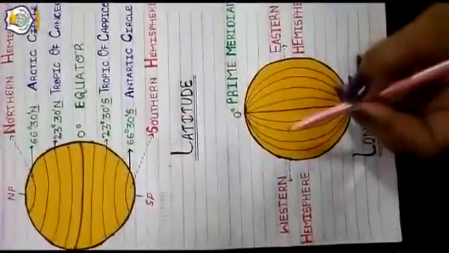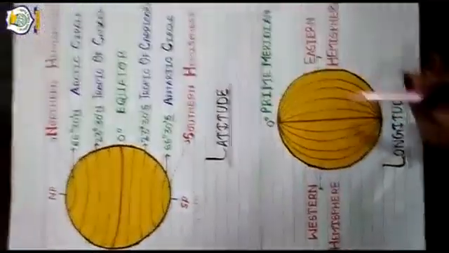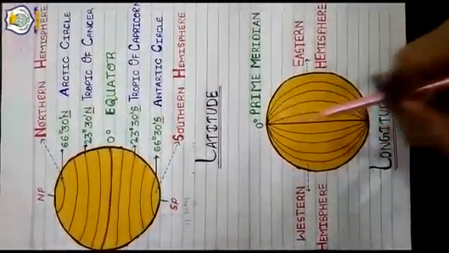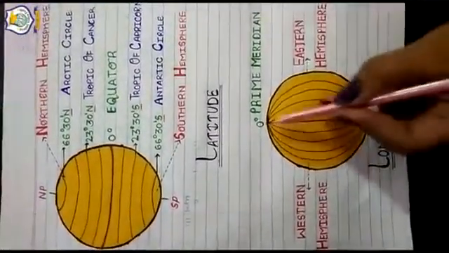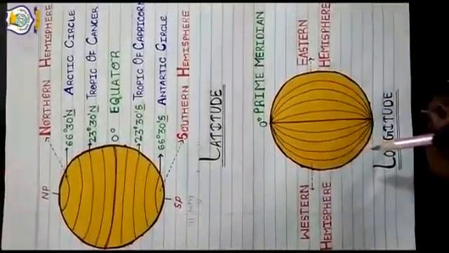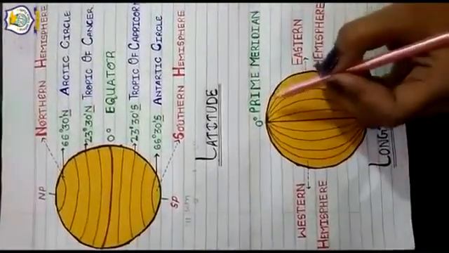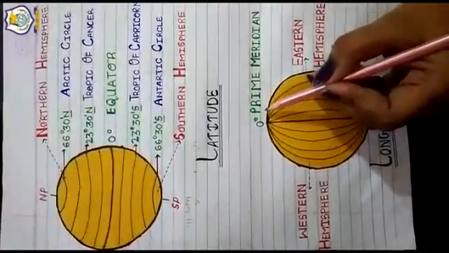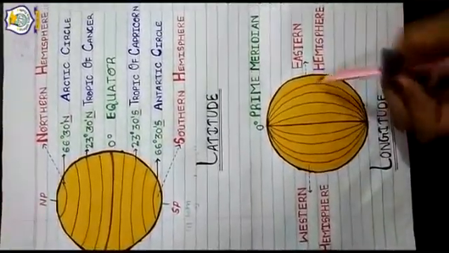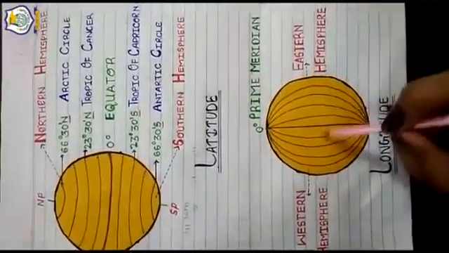Now I will explain through the diagram. Longitudes are a similar concept to latitudes, but these are imaginary circles around the earth that appear as vertical lines. So we have a central line here as a reference point for east and west direction. It is called the prime meridian. It is considered to be 0 degree as a starting point.